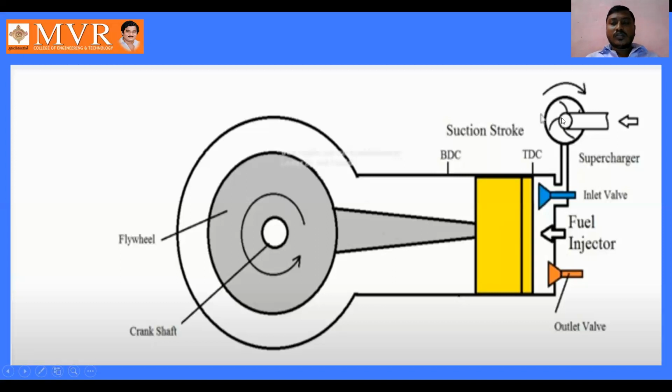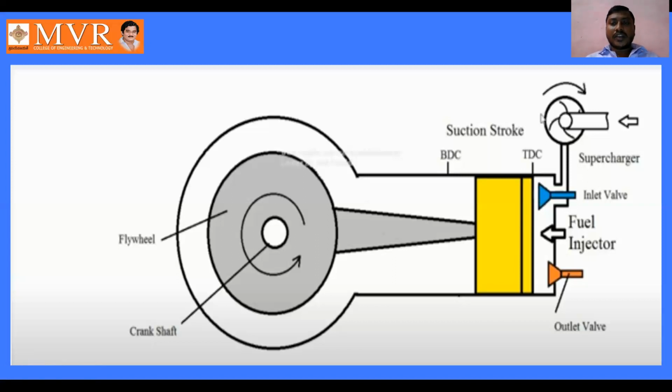When the supercharger forces the air in, the efficiency and the work output of the engine are increased. As the supercharger forces in more air than the sucking air, we increase the output and efficiency of the engine.